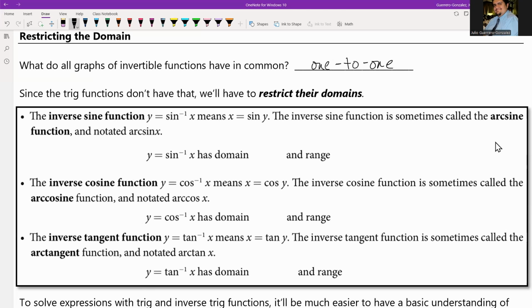We have to restrict the domain. So when we talk about sine inverse of x, we know that the domain doesn't have to get changed, -1 to 1, but we do have to restrict the range, and that's going to be -pi over 2 to pi over 2.